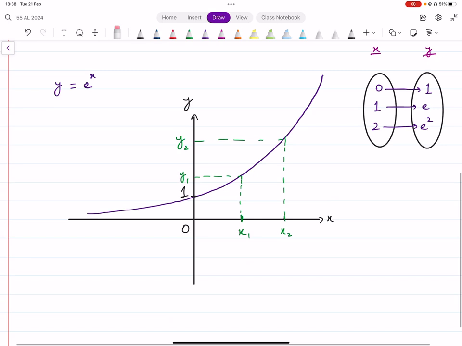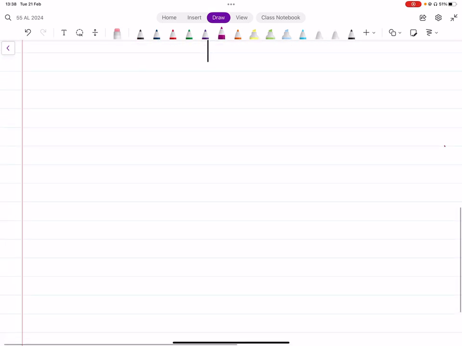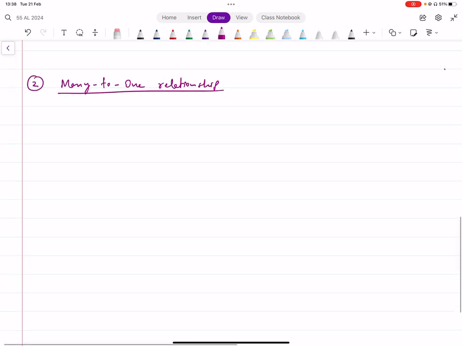Now let's consider the second type of relationship. The second one is when you have a many to one relationship. Now, can you think of a graph in which you had two values of x and they give you the same values of y?